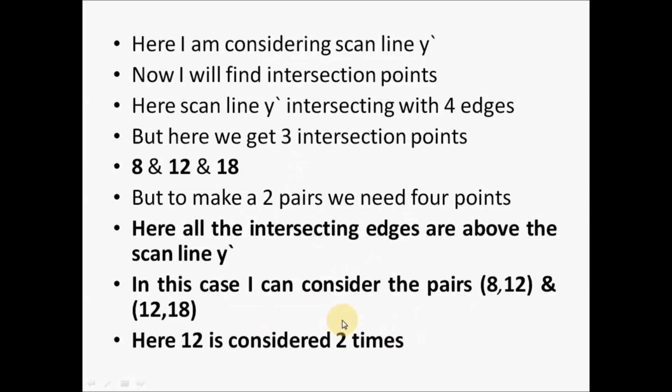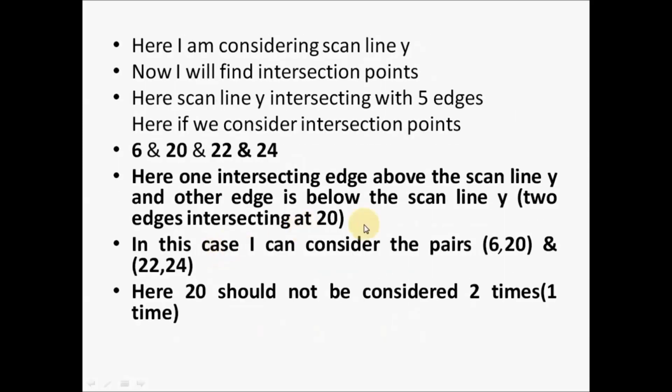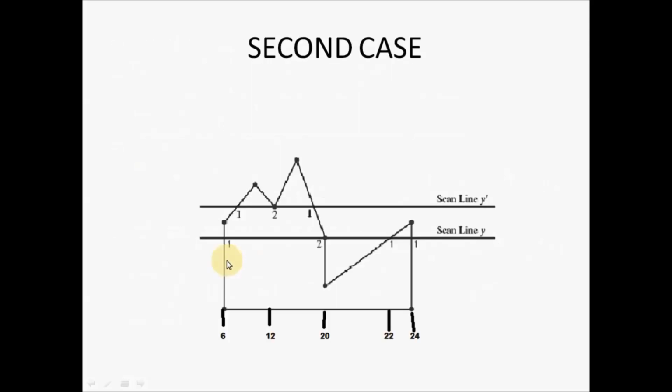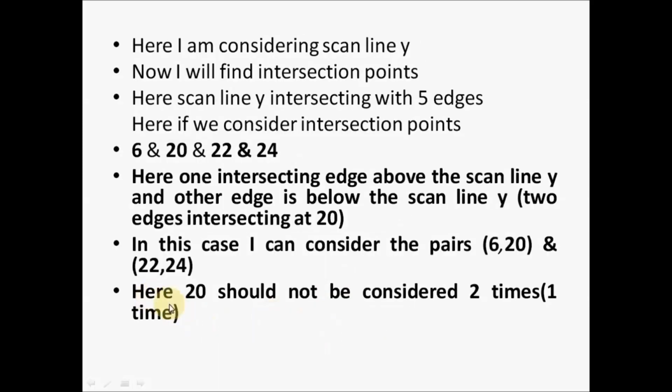So what I can do here is consider the pairs, that is 6, 20 and 22, 24. See, 6, 20, 22, 24. 20, I am neglecting 20. That means I am considering 20 only one time. 20 should not be considered 2 times here.